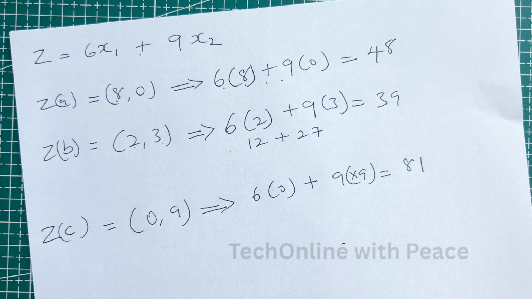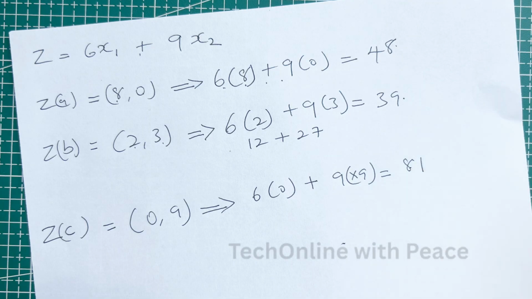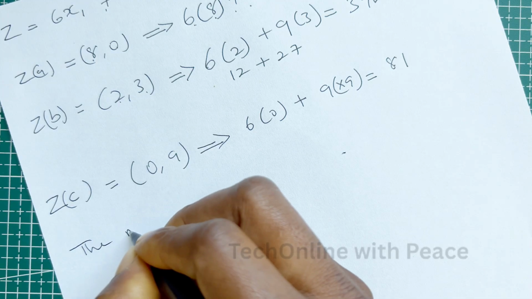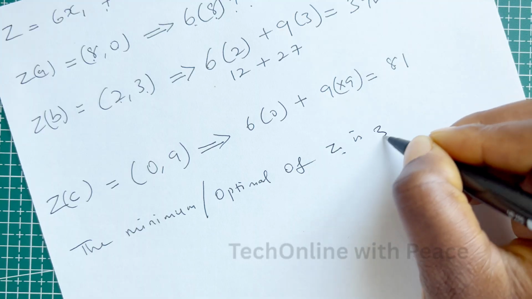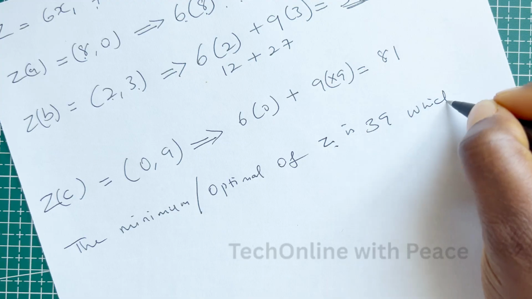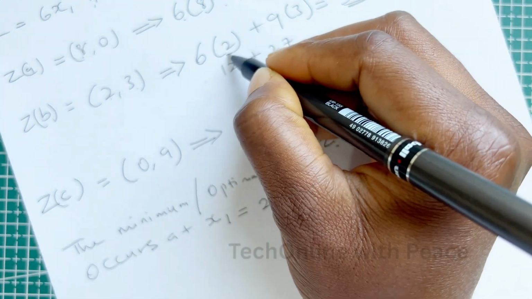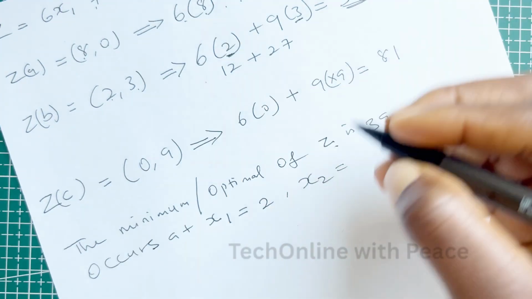This problem is a minimization problem. To find our optimal solution, we need to look for the least number. So we have 48, 39, and 81. The least here is 39. We say the minimum of z is 39, which occurs at x1 equal to 2 and x2 equal to 3.